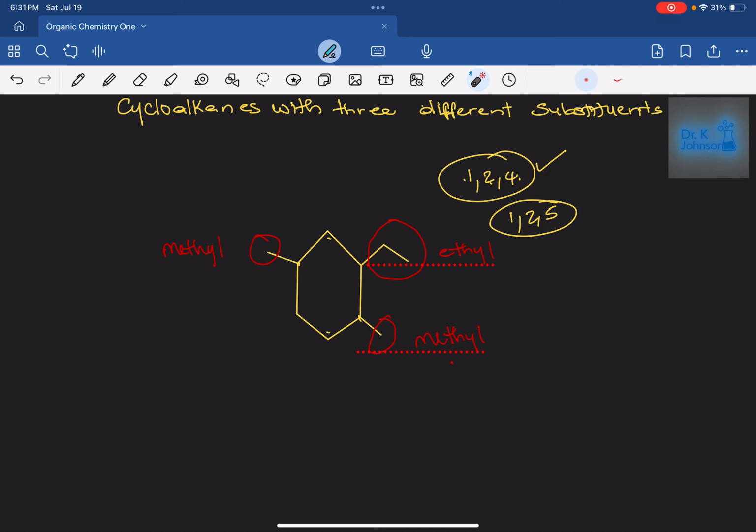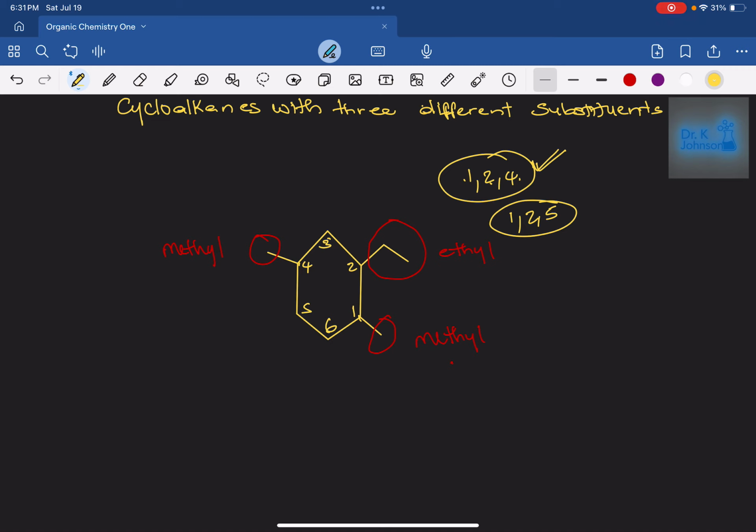The key is putting 1, 2 in the direction that gives your third substituent the lowest number. So this is our lowest combination. In a second, I'll show you what would happen in terms of combination if we had started 1 over here. But let's name this since we have our lowest possible combination of numbers.